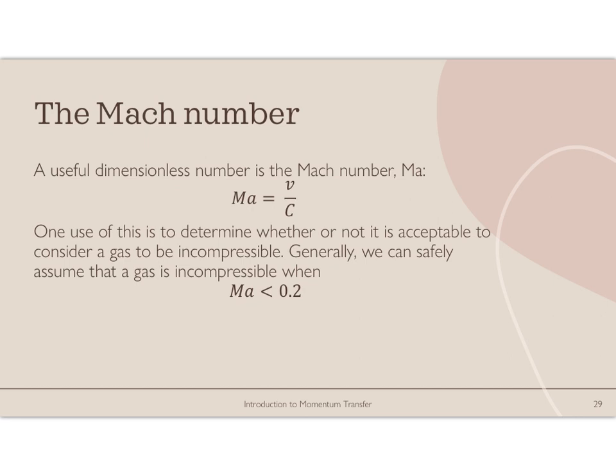A gas is incompressible, or close enough that it's not going to make any difference in our calculations, if the Mach number is less than 0.2. When the Mach number is larger, we need to consider it to be compressible, and that's going to make our calculations a lot harder. But this is a really nice, easy calculation that we can do to determine whether or not a gas is incompressible.